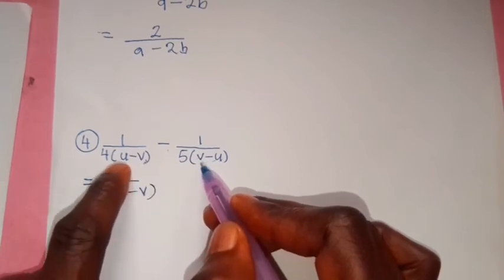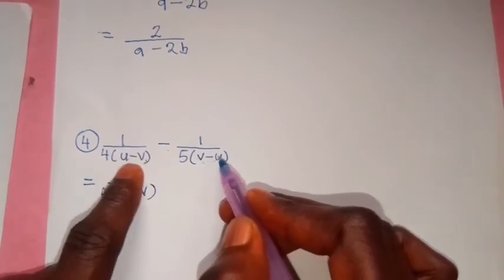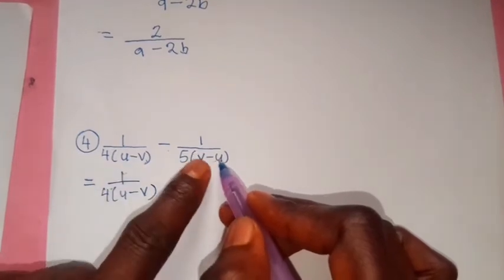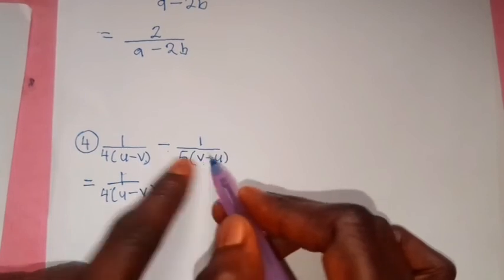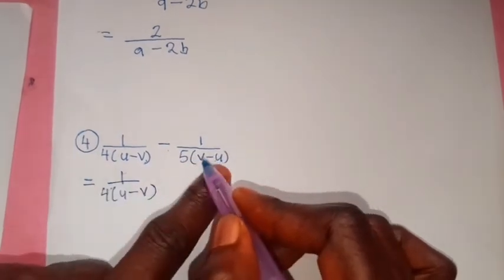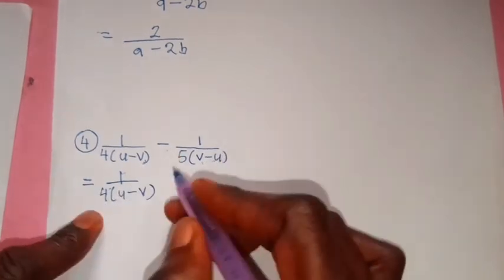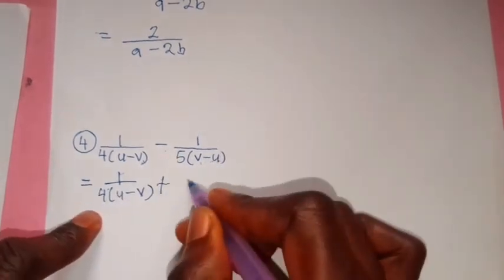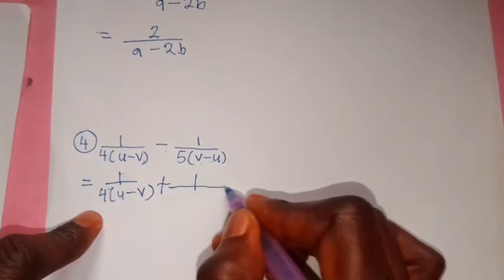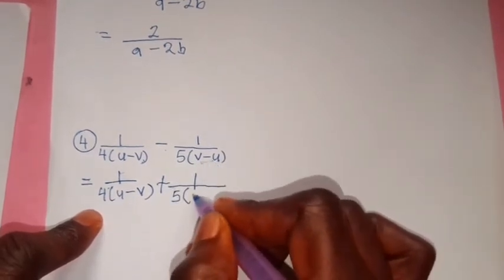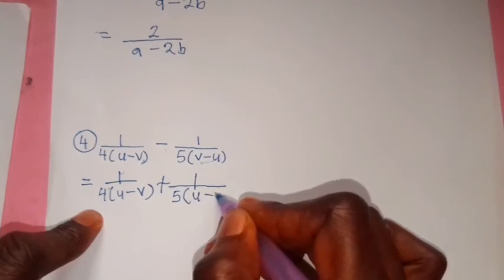The u is plus u, while here it is negative u. So the contents here are the reverse, the opposite of what we have here. So if we have to return it back to normal, then this minus sign will change to plus. So I'll come here to write plus, then 1 upon 5 into, if you interchange this, u minus v.